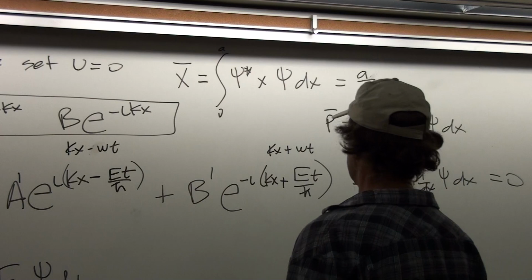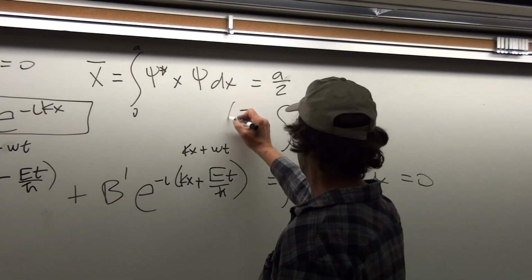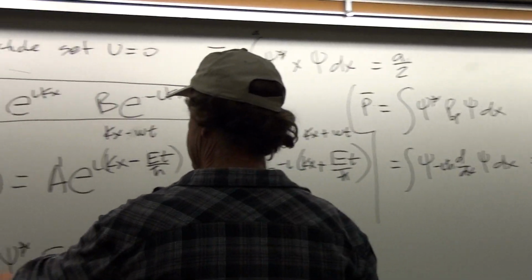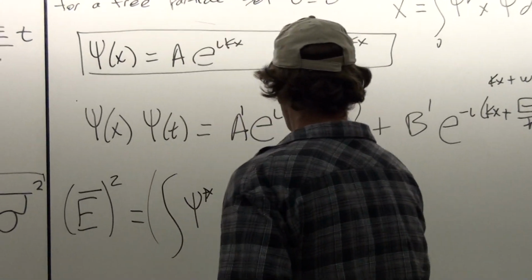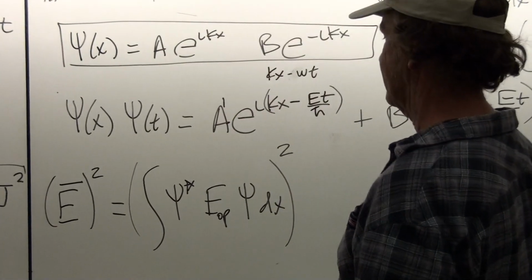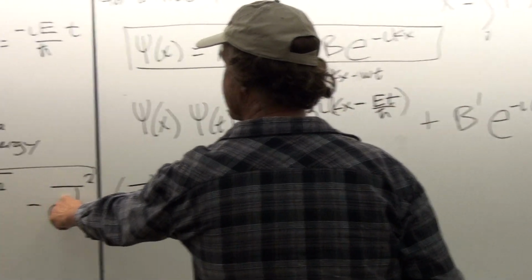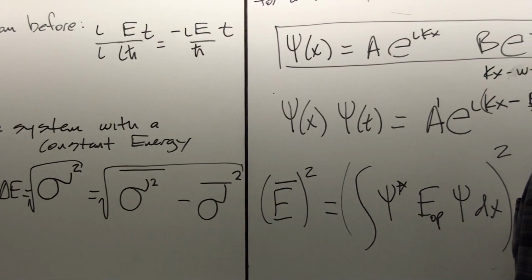That is equal to 0 for the average momentum. So what about for the average energy? Well, it's just going to be this quantity squared. That would be the average squared, this one here. Okay, so let's do that calculation.